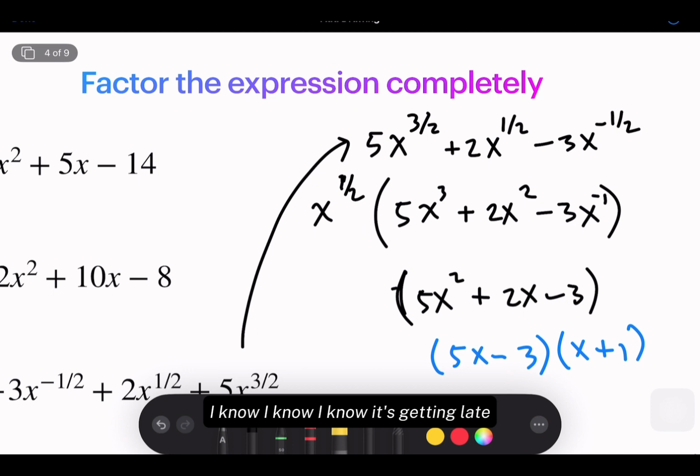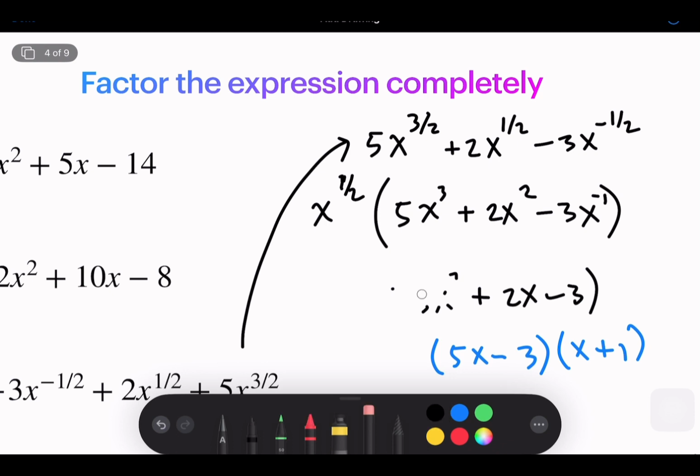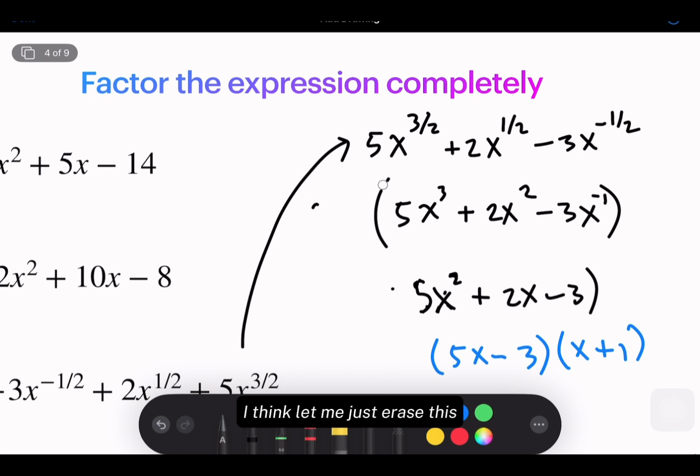I know. It's getting late. My brain is getting lazy. Sorry about that. I don't know, guys. Explain it a little bit to us. Where is it? I think let me just erase this.